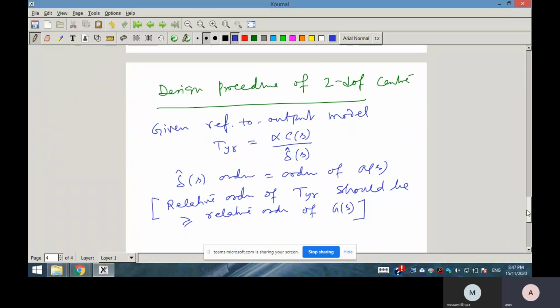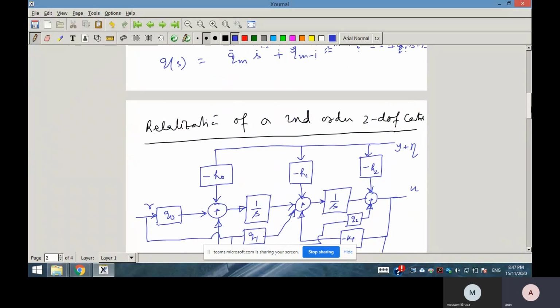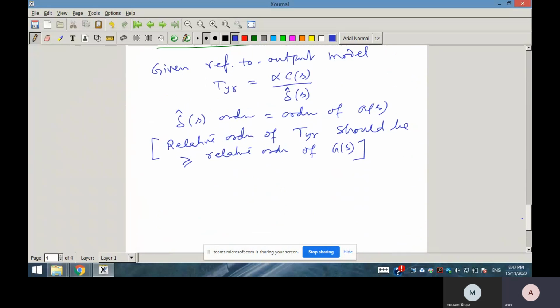If it is less than GS, then ultimately you will have an improper controller, and without an improper controller you cannot achieve the TY to R transfer function.